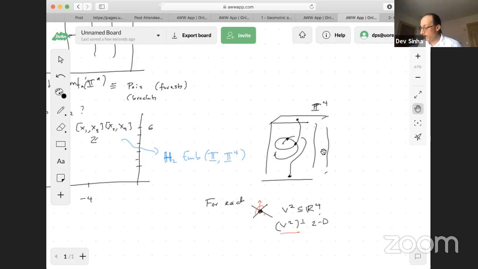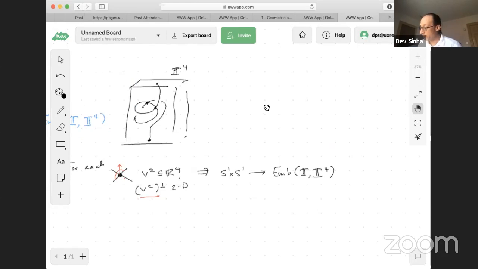And so that means that I've got a map from S1 cross S1 to this space of embeddings of an interval in I4 that realizes, I claim, this through, you know, say VW goes to the resolution, resolve the first double point in the V direction and the second double point in the W direction.